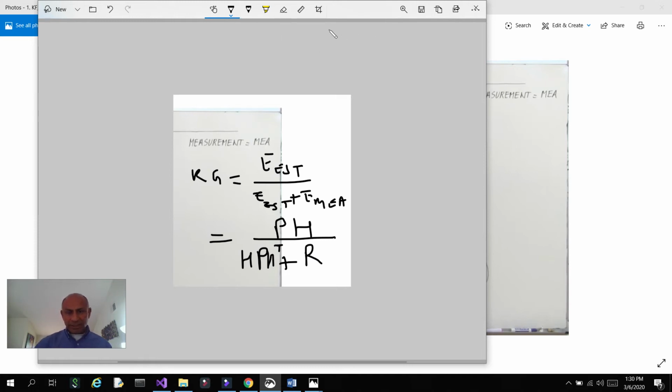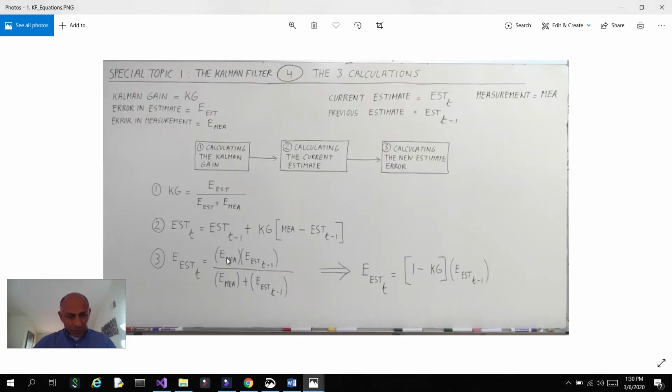Now while we are at it, let's go through the equation. What's done here is that H P H transpose plus R is called S. So Kalman gain is now P H transpose S inverse. Let's go back, and that's what it should say here.